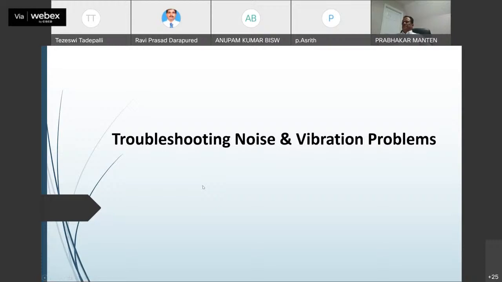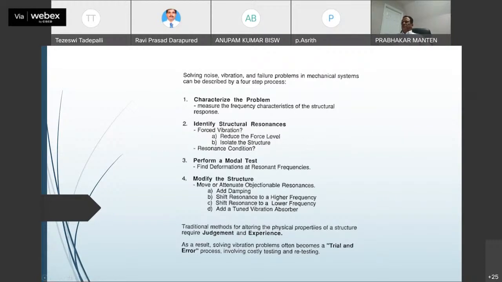First of all, solving noise, vibration, and failure problems in mechanical systems can be described by a four-step process. You have to chalk out a well-defined plan consisting of these four steps. First, characterize the problem by measuring the frequency characteristics of the structural response.